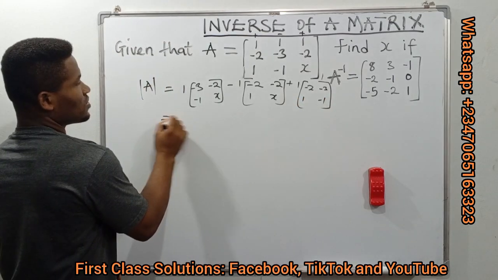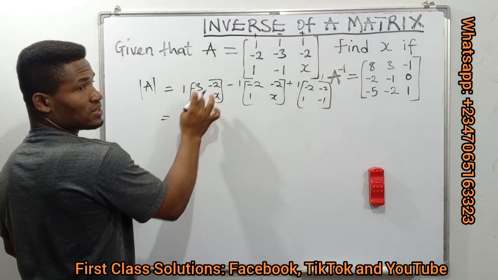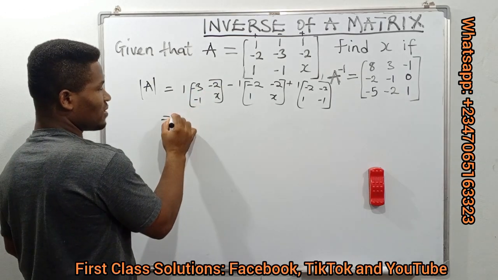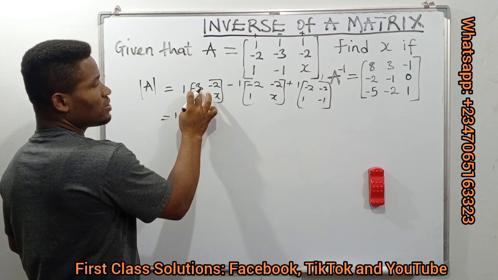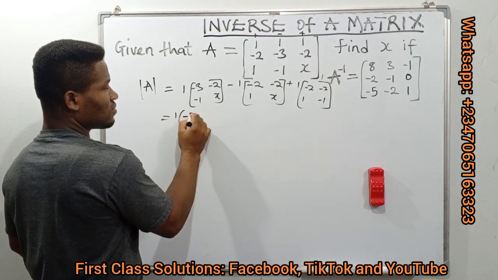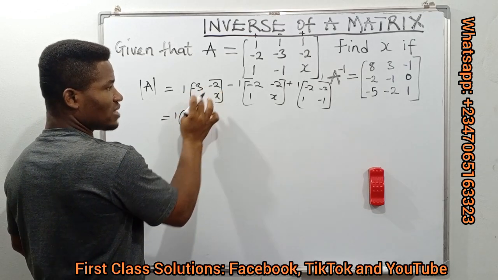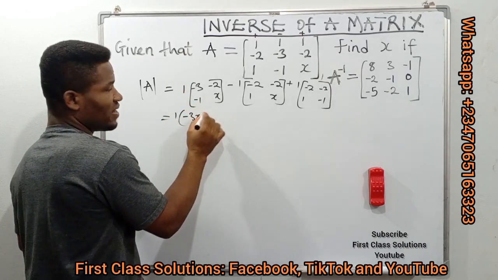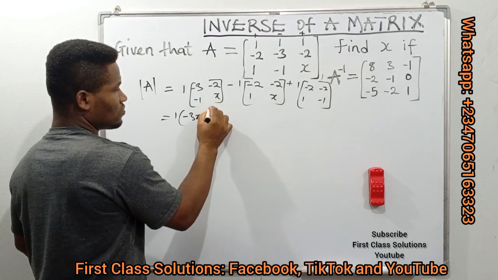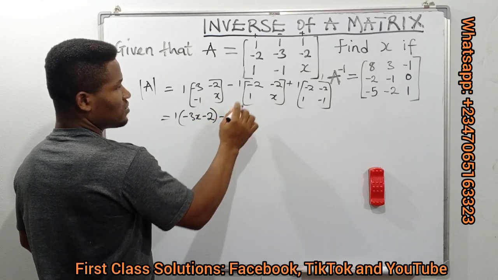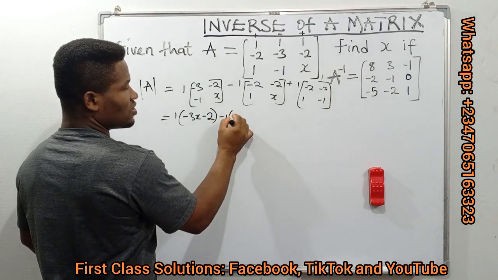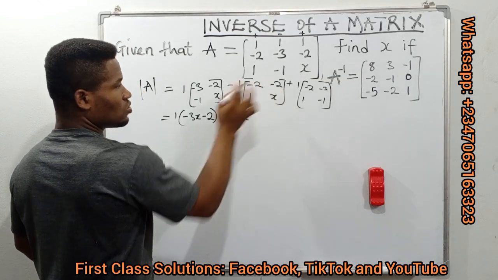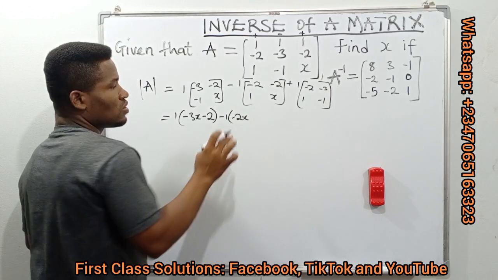To get the determinant, you say this times this minus this times this, multiplied by the coefficient 1 here. Minus 3 times 3 will give you minus 3x. Minus 2 times minus 1 will give you plus 2. Because there's an original minus here, you have minus: 2 into minus 1, minus 2 times x will give you minus 2x. 1 times minus 2 gives minus 2.